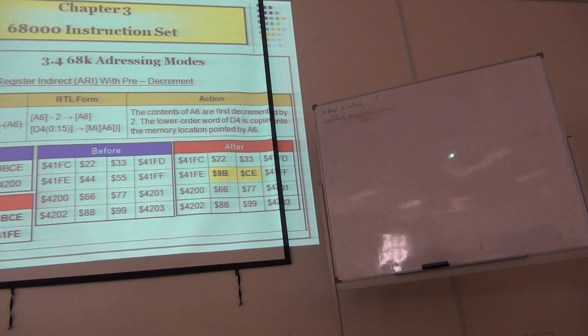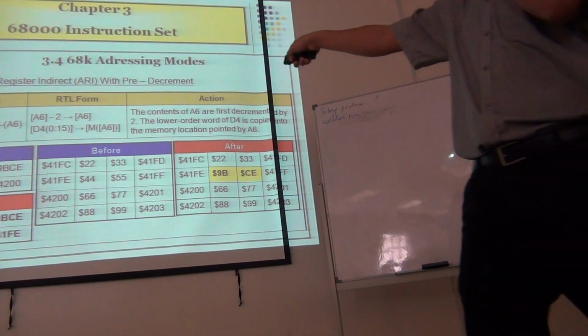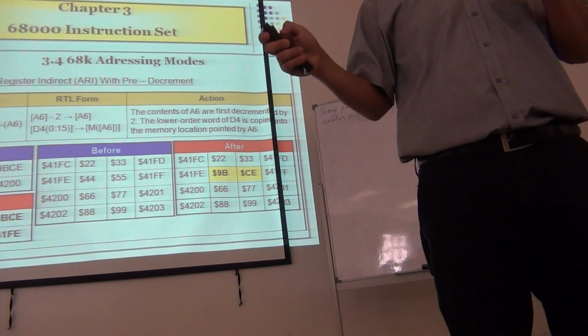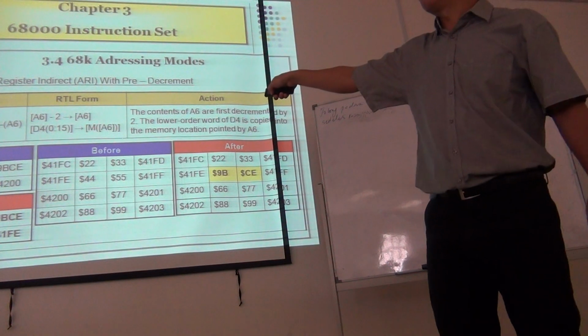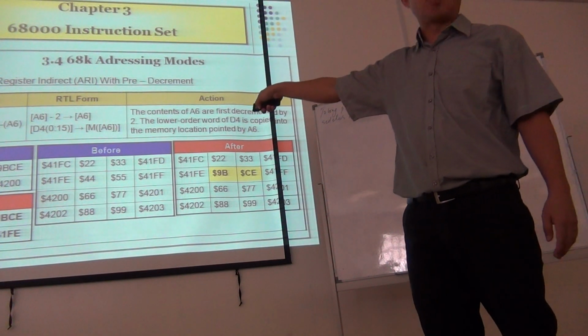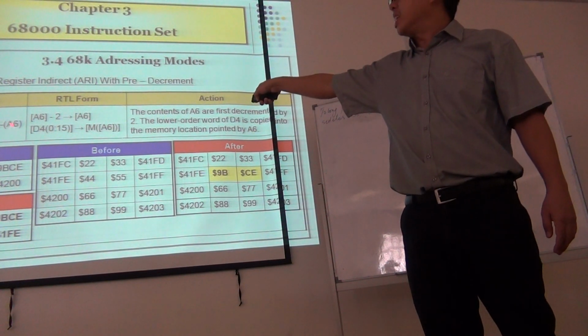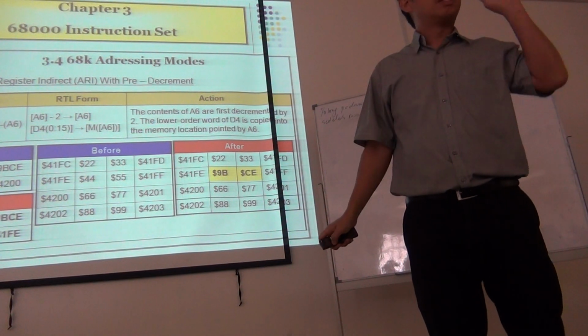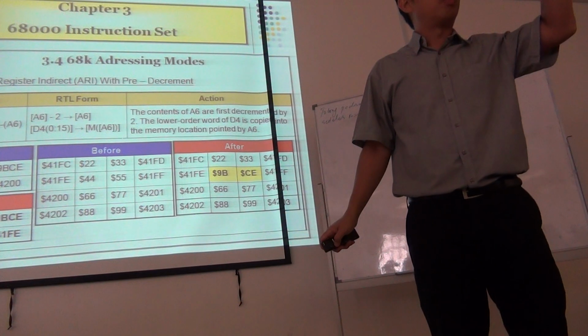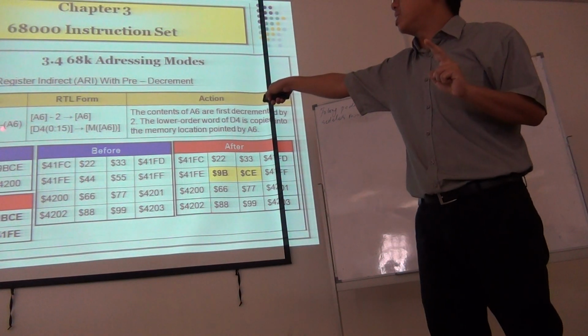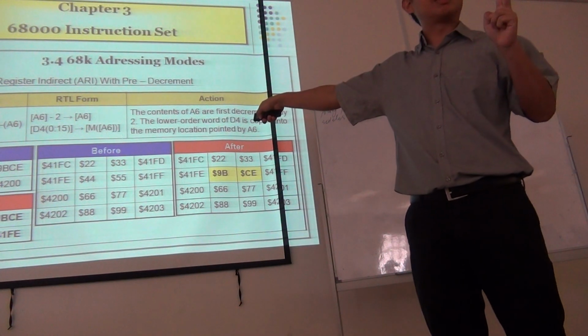Okay, last example before you go. This is move.w D4 to -(A6). So you are going to take W first. D4 is given this one. A6 is given this one. W minus berapa? Minus 2. Alright, so A6 is given this one. You minus first.